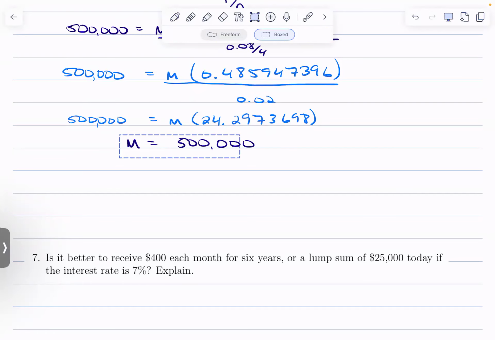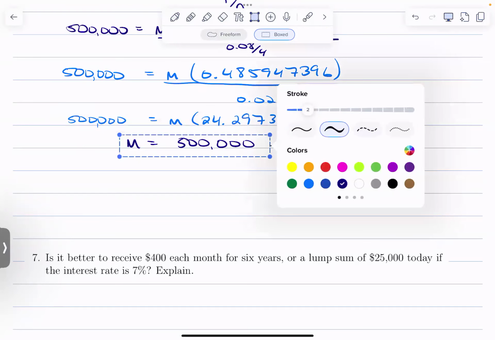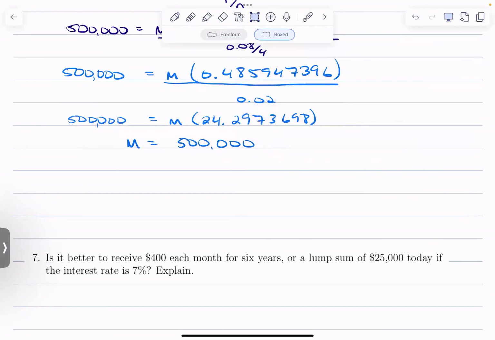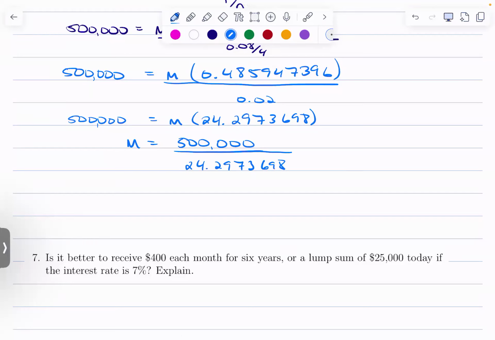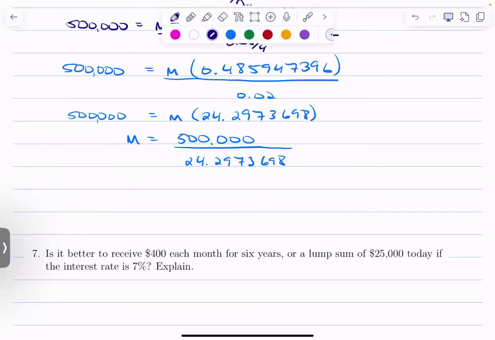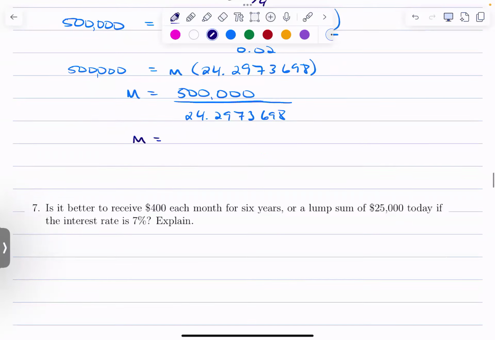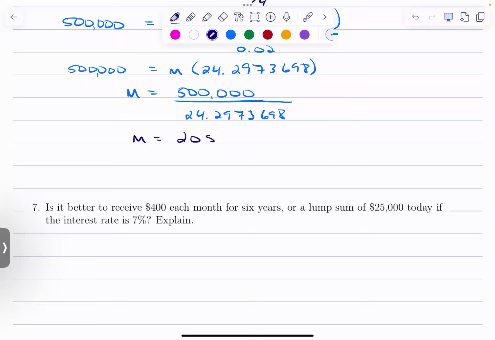Oh, this is actually also optional work. Make sure you get the right number of zeros. I get 20578.35906.